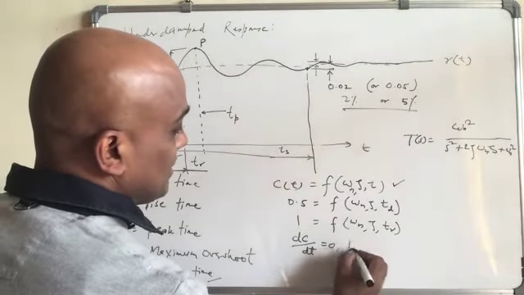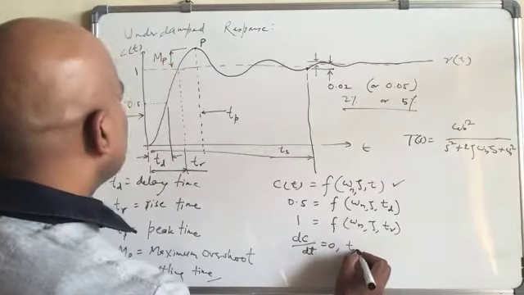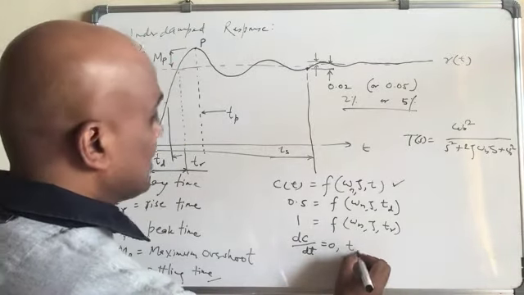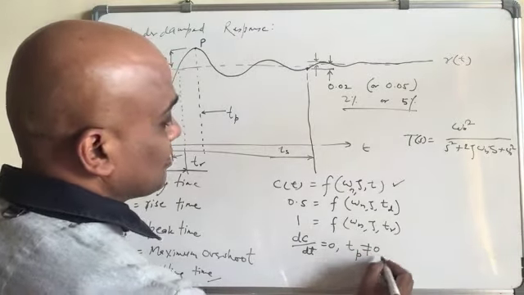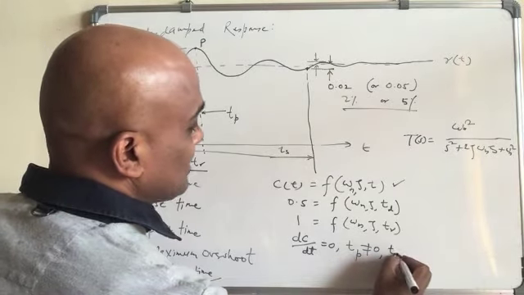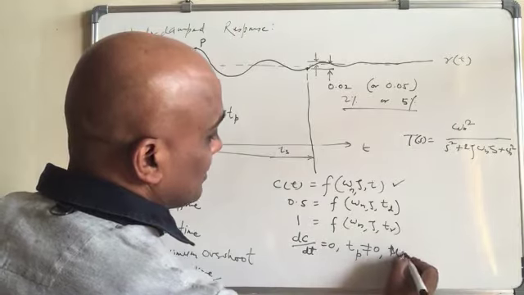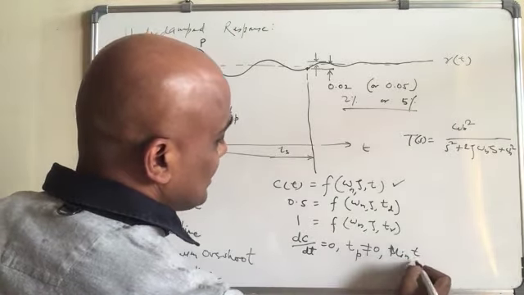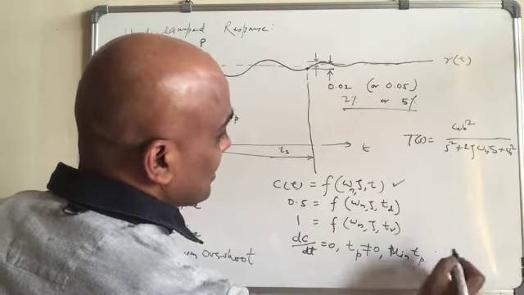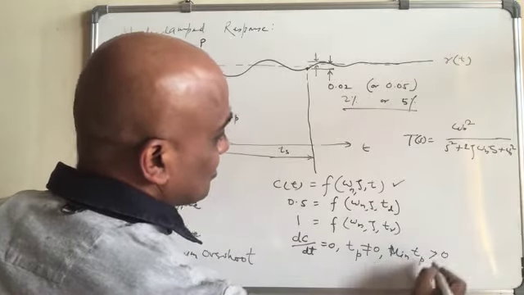Then TP is not equal to 0, and otherwise you can write it as the minimum TP greater than 0.